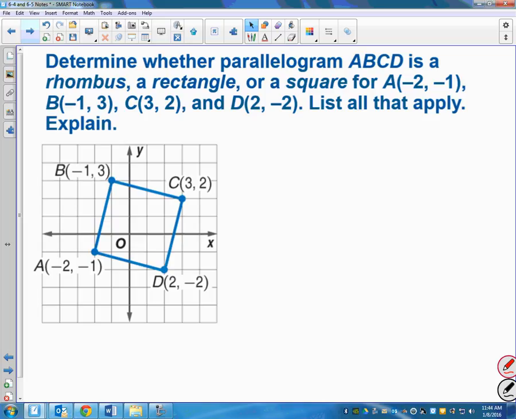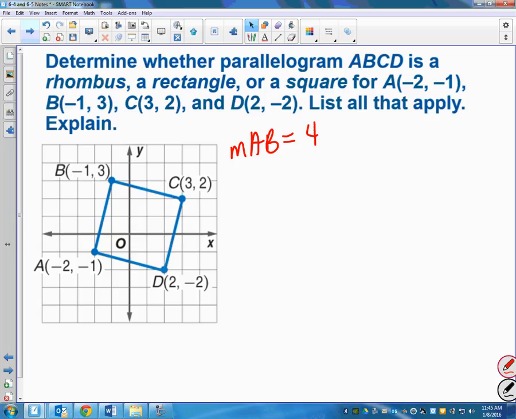So if I look at the slope of AB, you don't have to show me a ton of work here, but I do want to know what the slope is. And it's really nice if you can just count. So I just say up 1, 2, 3, 4 over 1. That's equal to 4.